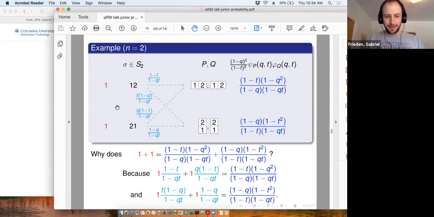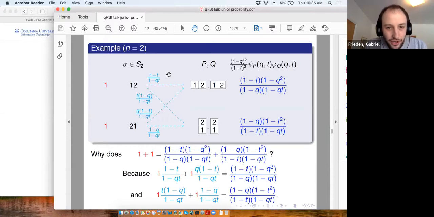But maybe one thing I should point out at this point is that these weights have some nice properties. One property is that if q and t are between 0 and 1, then these are actual probabilities because all of the quantities are positive.